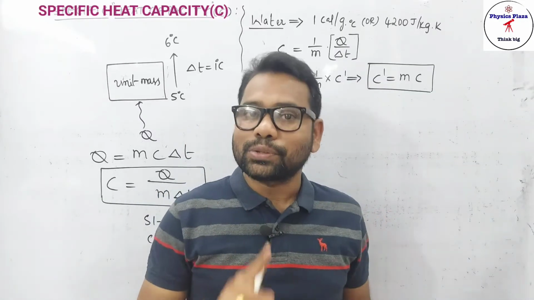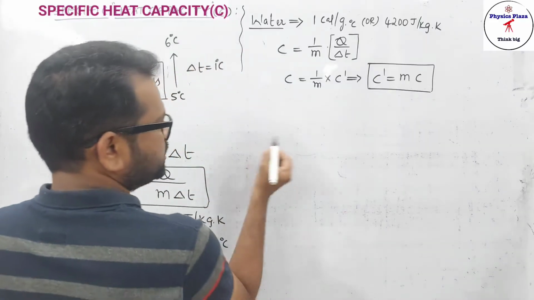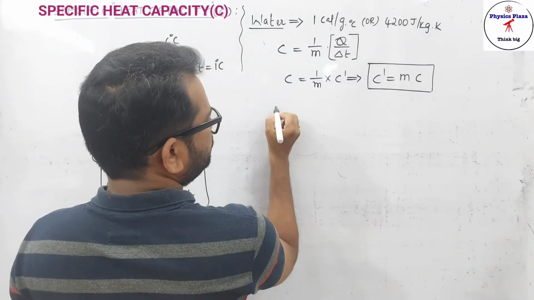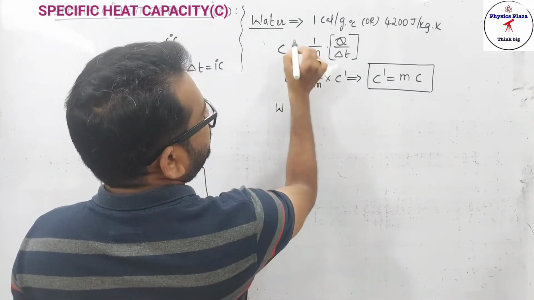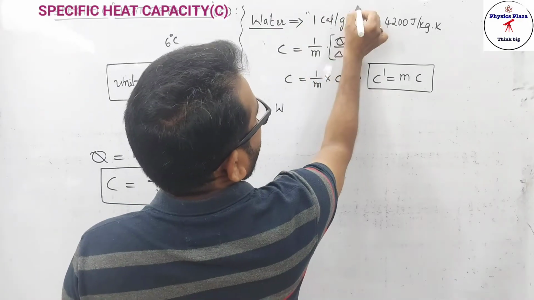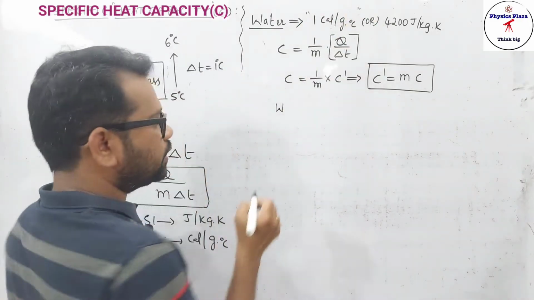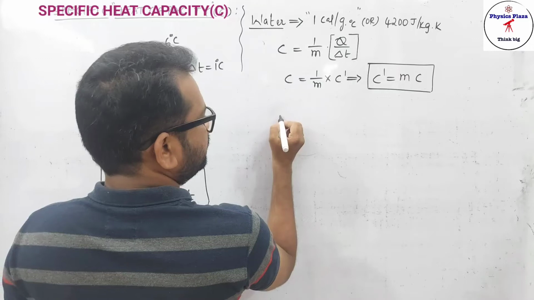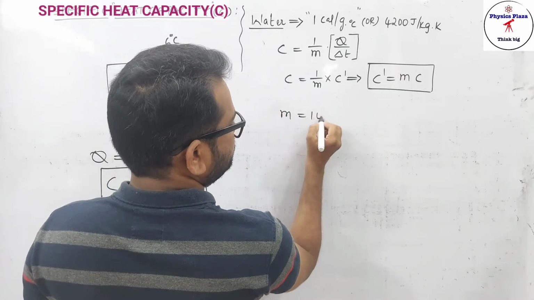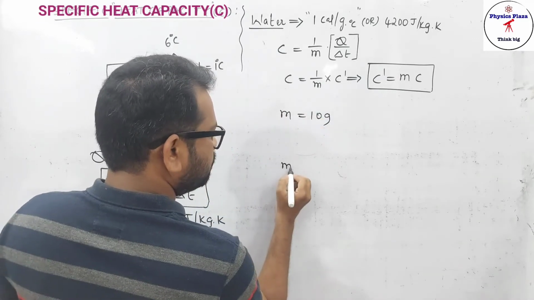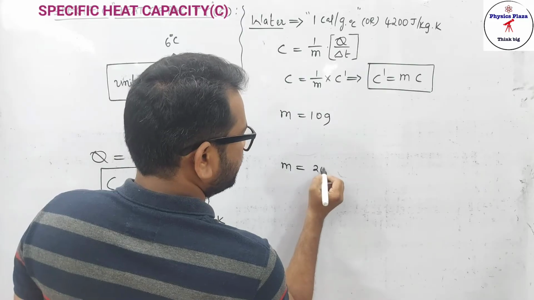Now let us take an example so that you will understand. As I told you, the specific capacity of water is 1 calorie per gram degree Celsius. Now I am taking a mass of 10 grams and a mass of 200 grams.